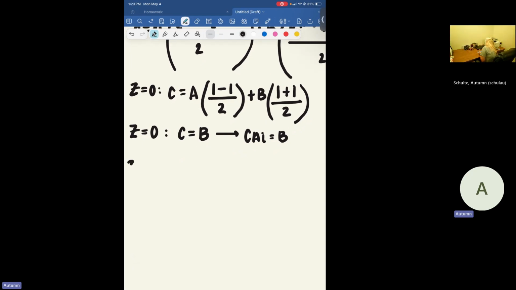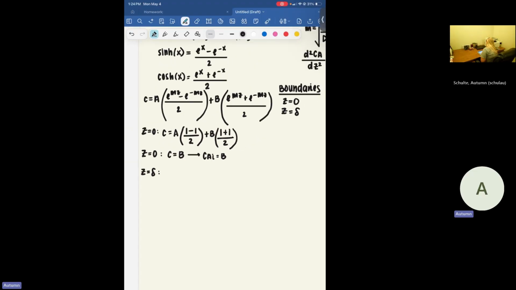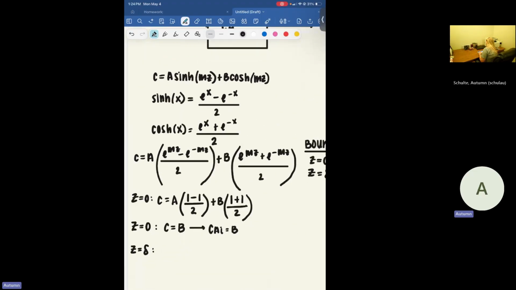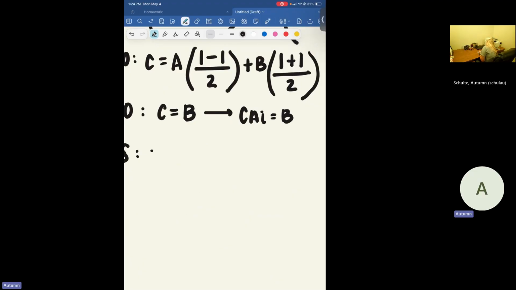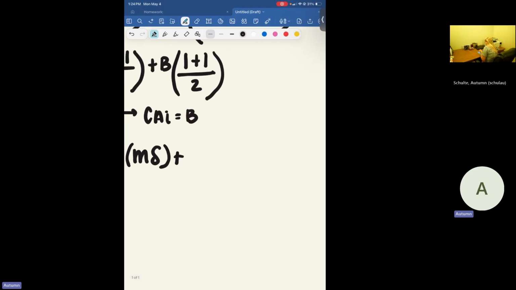So to do that, we're going to have to solve when z is equal to delta. So I'm going to plug that back in to our original equation up here. So this is C is equal to A multiplied by the hyperbolic sine of m delta plus B, which we just solved for, which is the concentration of A at our interface, multiplied by the hyperbolic cosine of m delta.